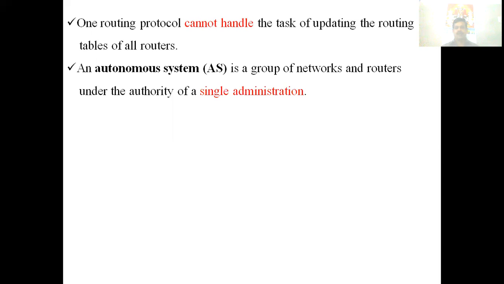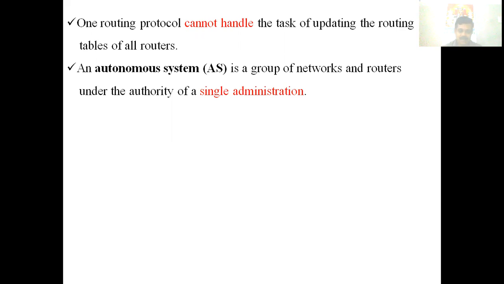Before studying intra-domain routing and inter-domain routing, we first have to study what is meant by an autonomous system. An autonomous system is a group of networks and routers under the authority of a single administration.